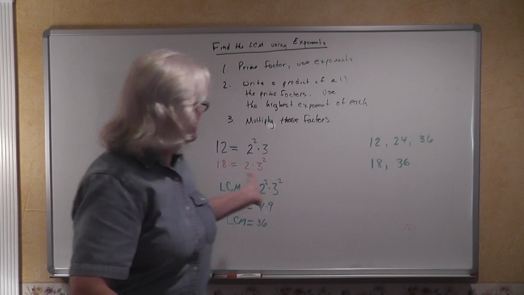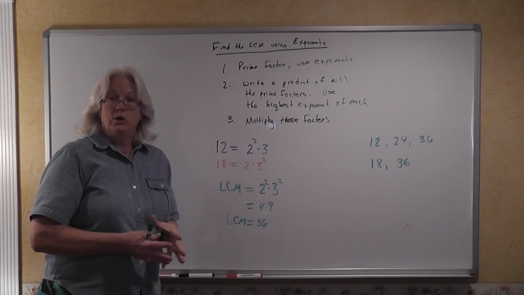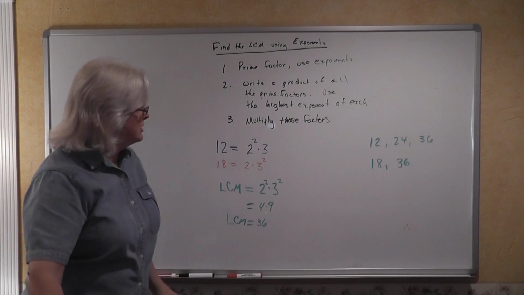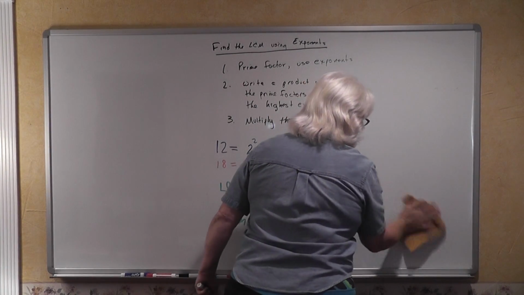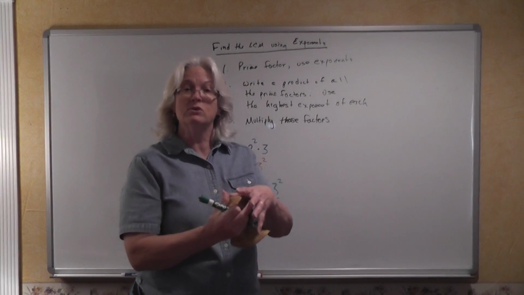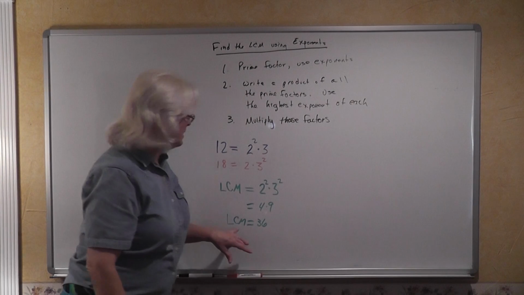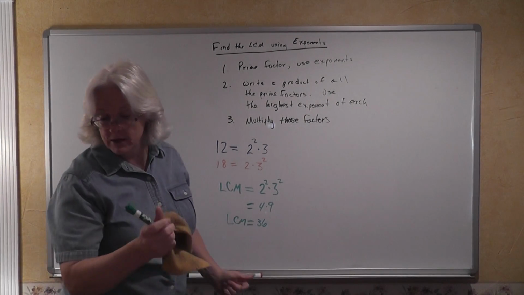And so far, I've just prime factored 2 numbers. You can use the same methodology to prime factor 3 numbers or 4 or however many. Of course you're going to prime factor them, but you can use this methodology to find the least common multiple of any number of numbers.